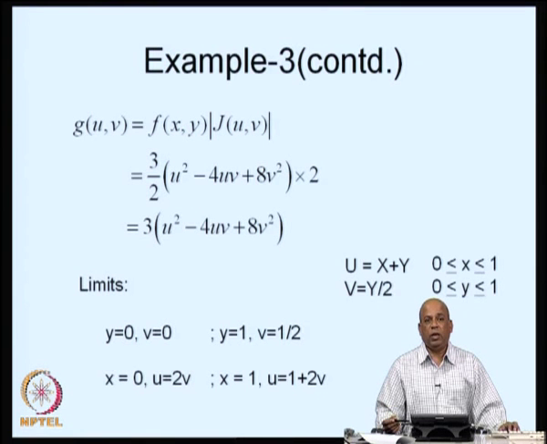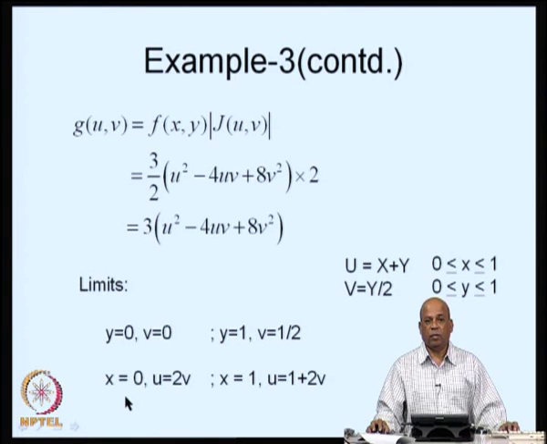Now, we need to fix the limits. These limits are fixed from the fact that u is equal to x plus y and v is equal to y by 2, and x takes on values between 0 and 1 and y takes on values between 0 and 1. So, when y is equal to 0, v will be equal to 0, and when y is equal to 1, v is equal to 1 by 2.